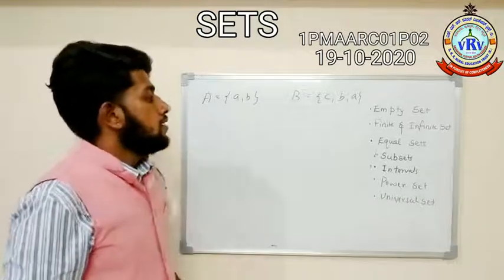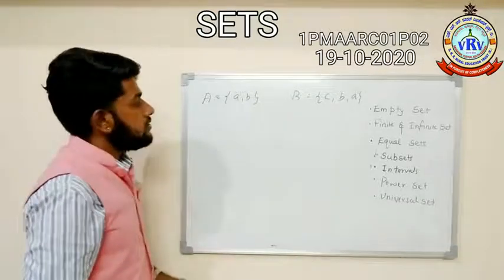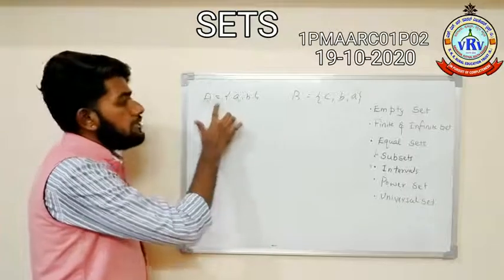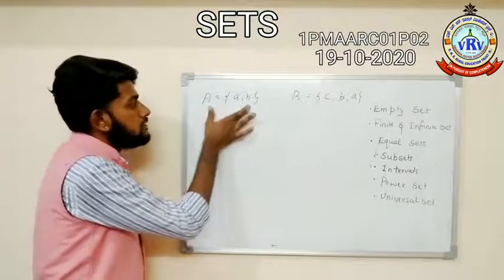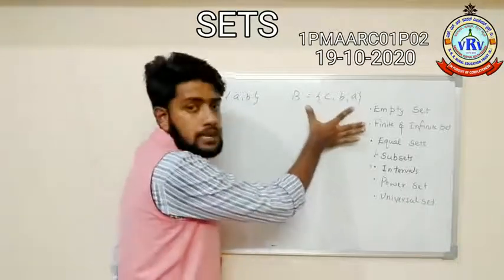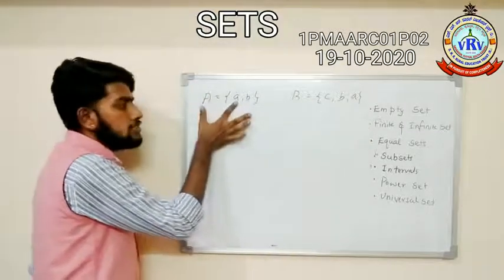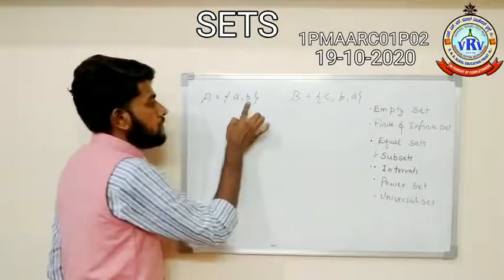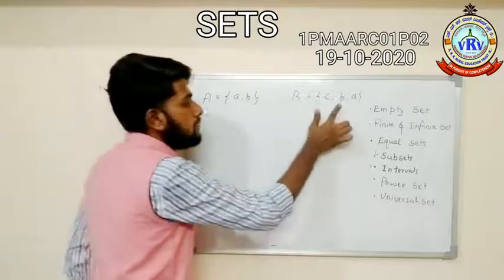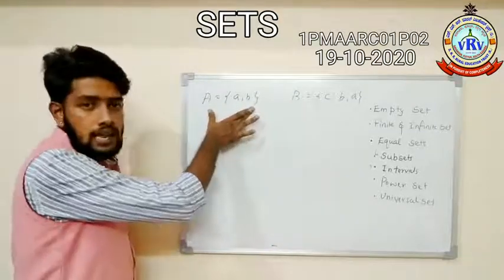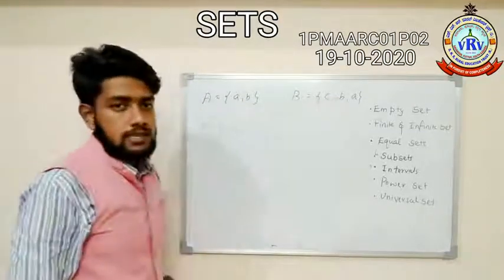Now, see, all the elements in the set A are present in the set B, right? A is in B, L is in B. So all the elements of A will be there in B also.